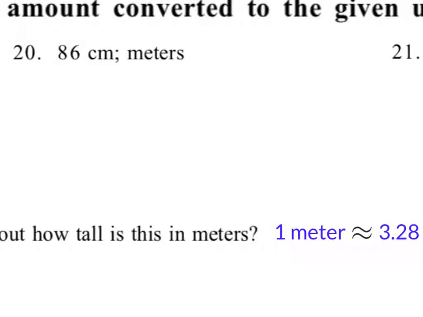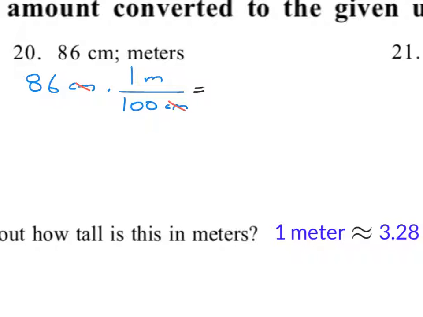86 centimeters into meters. How does that work? Let's see. 86 centimeters. What is the relationship between centimeters and meters? Well, 1 meter, which is what we're turning it into, so we put it on top, is equal to 100 centimeters, which we're putting on the bottom. What cancels? The centimeters cancels.